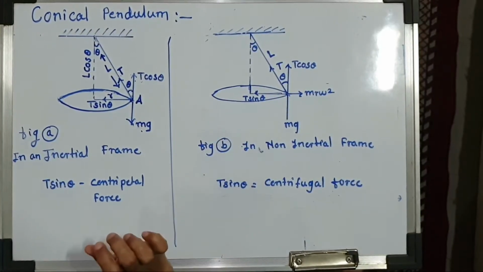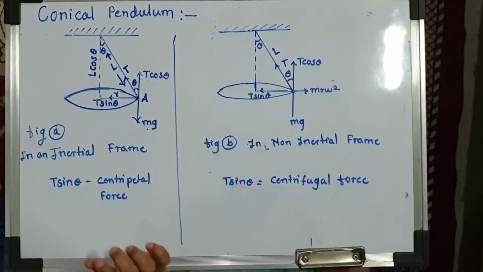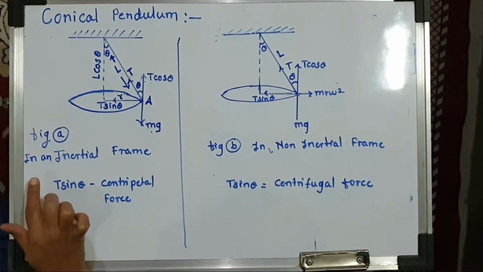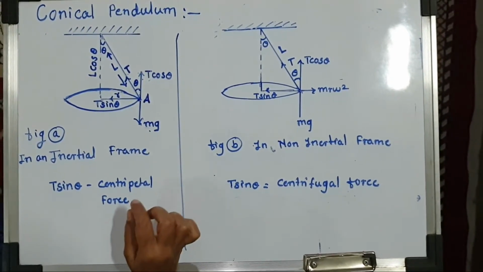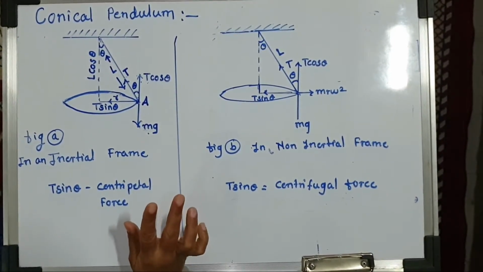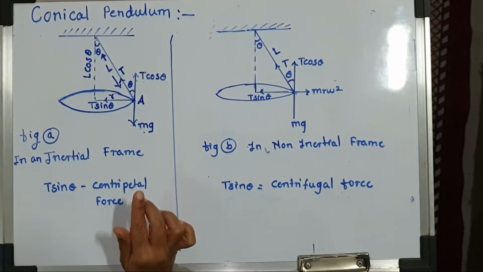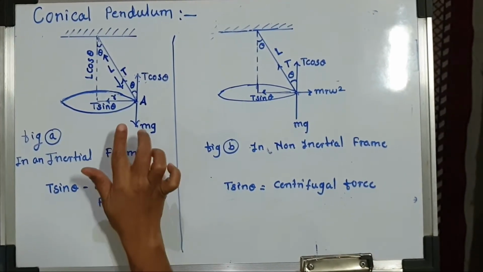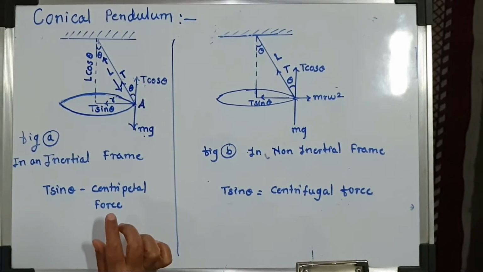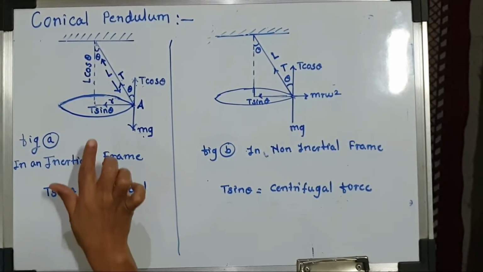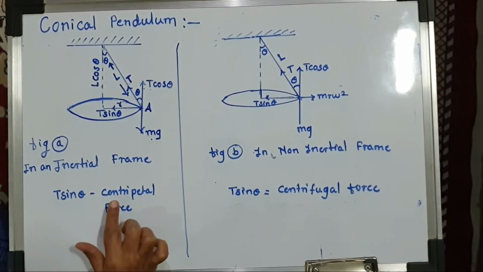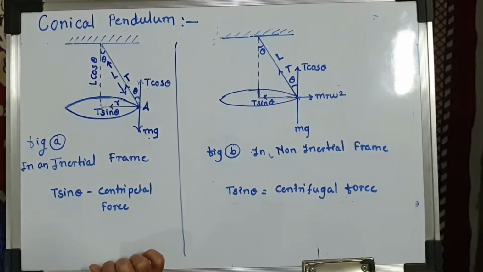We have two figures, figure A and figure B. Figure A is in an inertial frame. See, in this inertial frame, there is no centrifugal force. So this horizontal component of tension, T sin theta, is acting as a centripetal force.